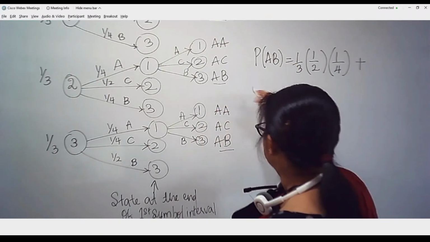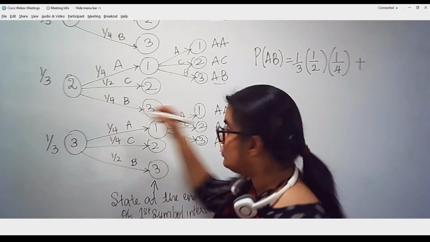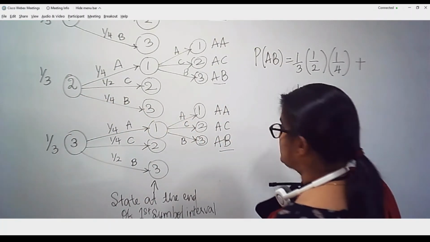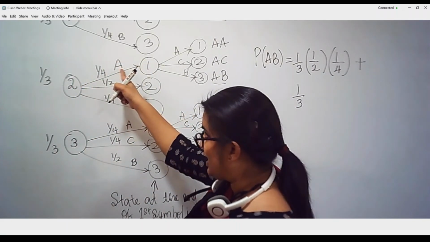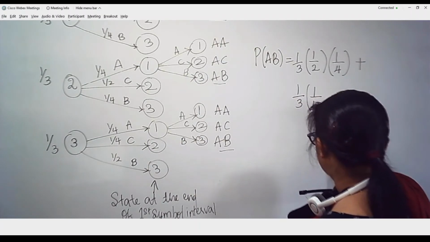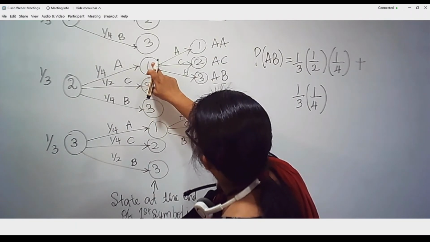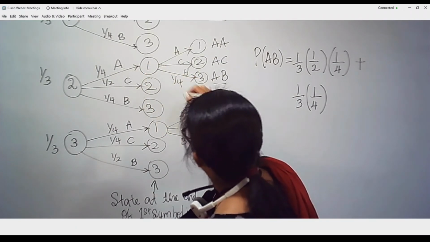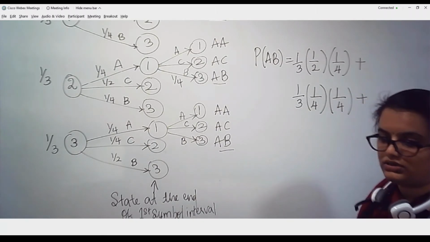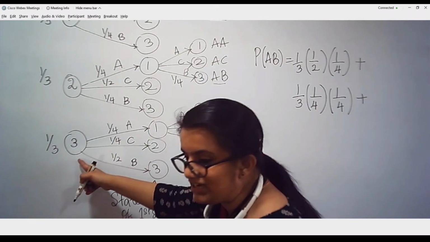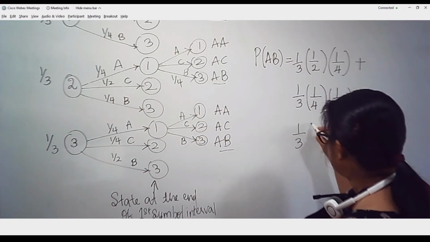Coming to the second transition, the probability that it is going to begin at state 2 is 1 by 3. The probability that it will go from state 2 to 1 to get an A is equal to 1 by 4. So this will be multiplied by 1 by 4. The probability that it moves from 1 to 3, again the probability is 1 by 4. Plus the probability that it will start at state 3 is 1 by 3.